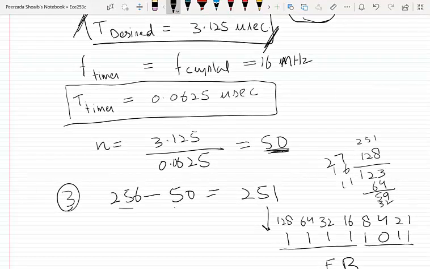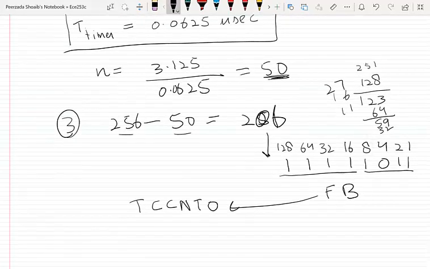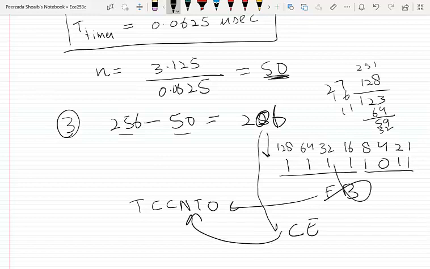So 256 minus 50 is not 251, it is 206, sorry, 206. If I want to convert 206 into hex, this time I will use my calculator. 206 in hex is equal to CE. So this CE, not FB, will be loaded into the TCNT0 register.